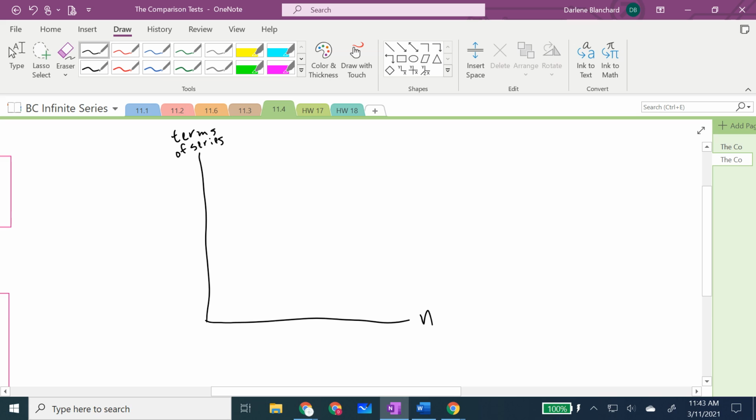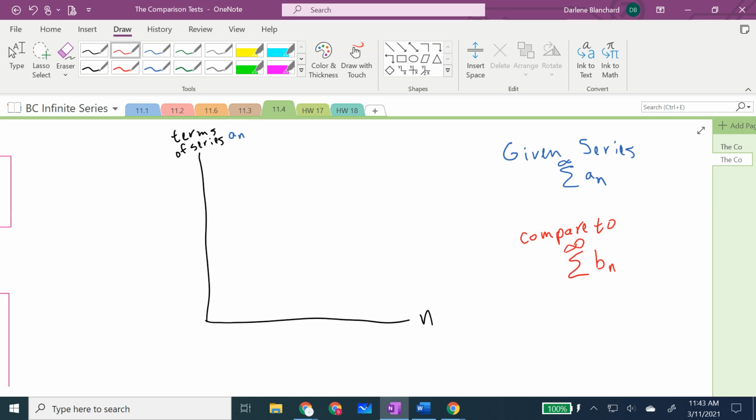And I'm going to also write down that you're going to have your given series, and I'm going to refer to that formula as a sub n. What you choose to compare it to I'm going to call b sub n, and your textbook does the same thing. So when I write the terms of the series, I'm referring to a sub n and b sub n.